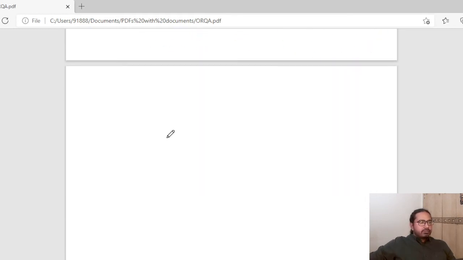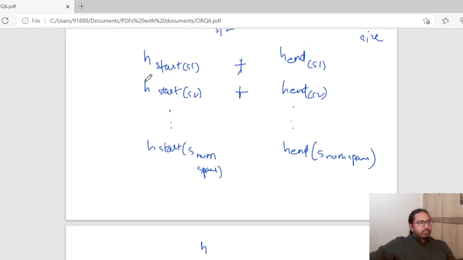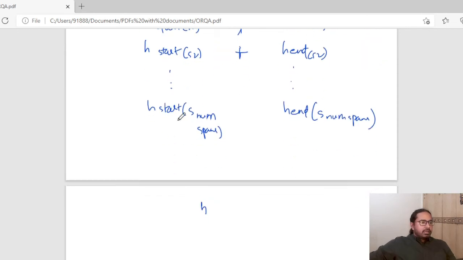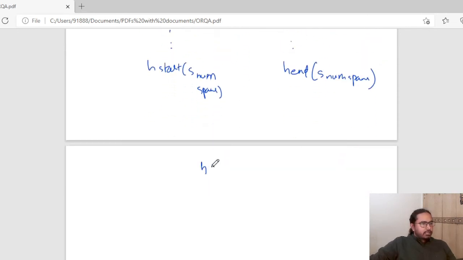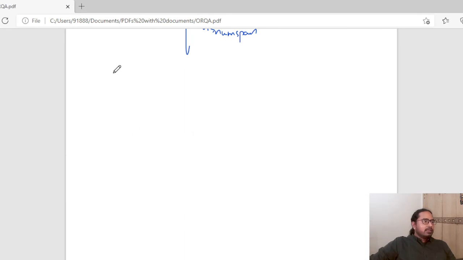So when we do an addition of this, what we get here is the representation for each of the tokens for each of these spans, and once we have representation for, let's say, hs1 and hs2 for hs number of spans, we multiply this with a trainable vector here and add some nonlinearity to get the s read bsq for all the spans that are possible, which is the number of spans here.